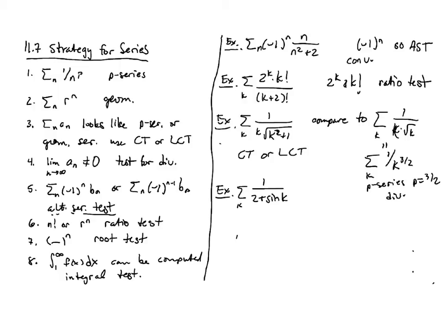It's definitely not alternating. There's no factorials or powers, so it's not a ratio or a root test. And that doesn't look like a function that you know how to integrate. So the only thing that's really left is the test for divergence.